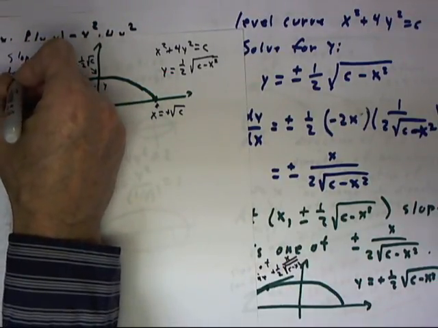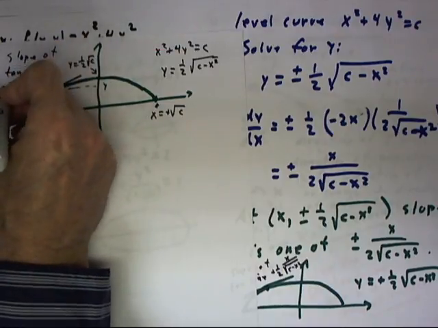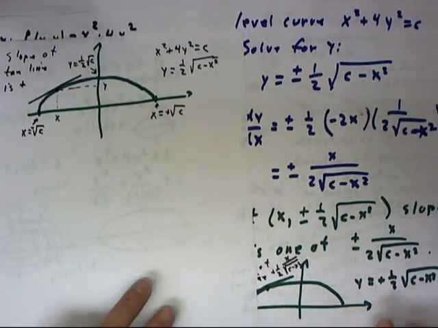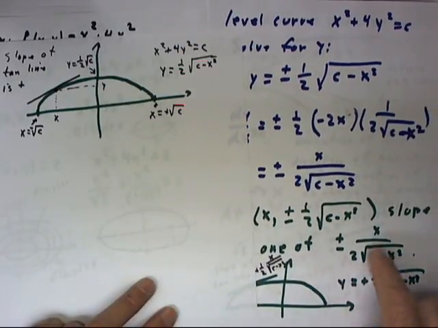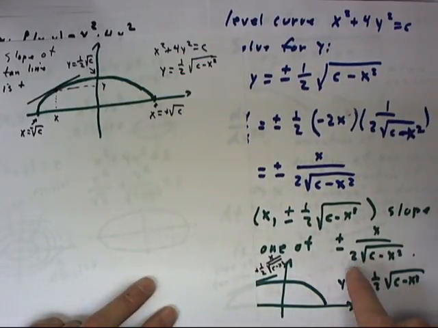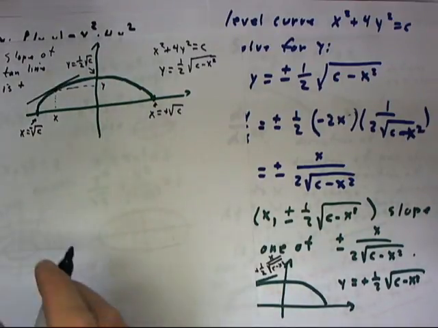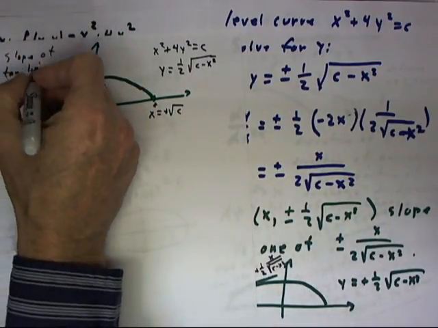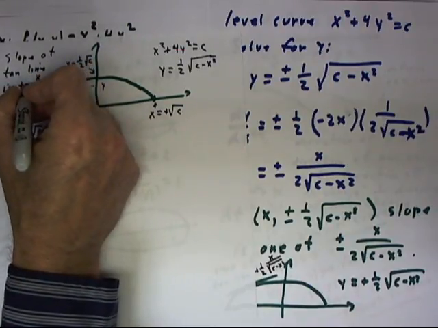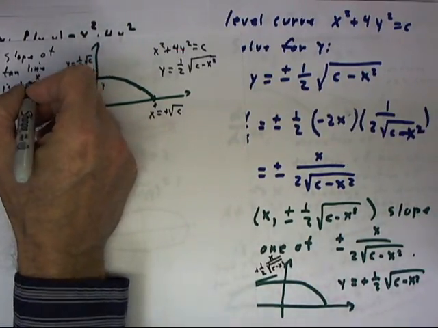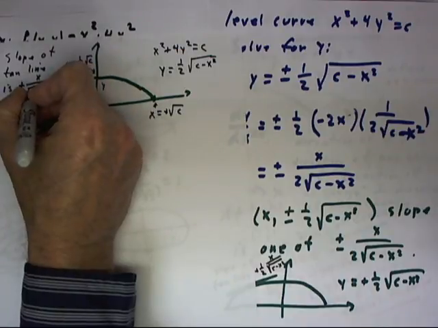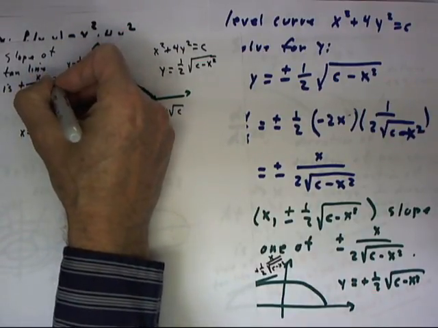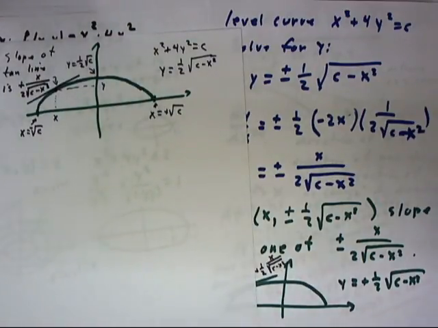Now remember, the derivative is plus or minus x over 2 square root of c minus x squared. We're going to have the positive at this point. So it's going to be positive x divided by 2 square root of c minus x squared, and that's going to be the slope at this point.